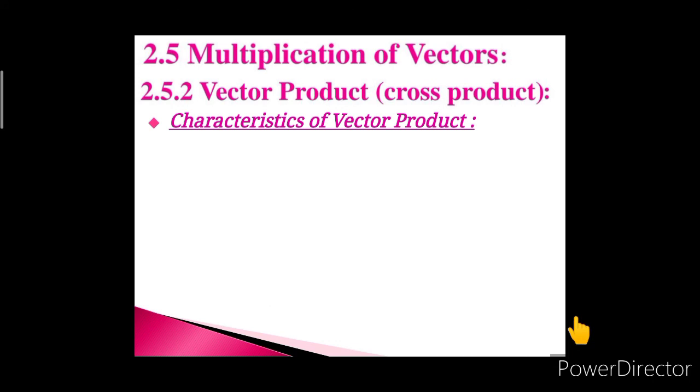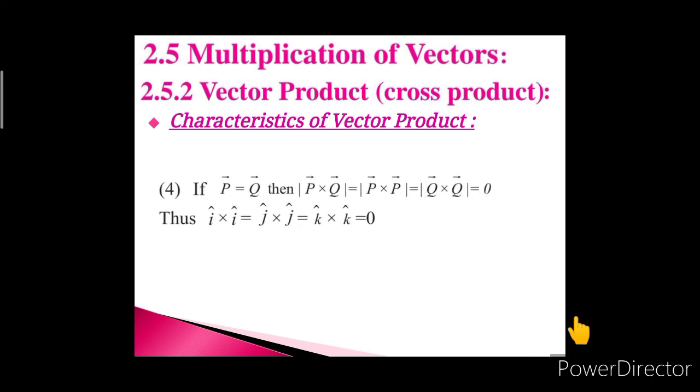Now, the next characteristic of a vector product: if vector P is equal to vector Q, that means the two vectors have the same magnitude and direction, then the magnitude of P cross Q can be written as the magnitude of Q cross Q. But the result we get is 0.